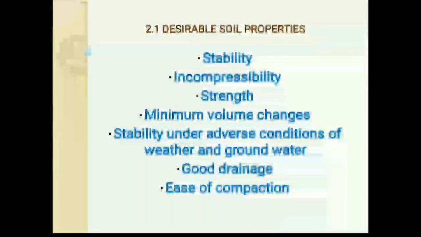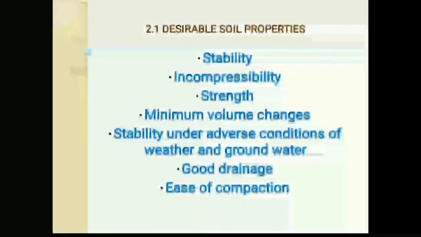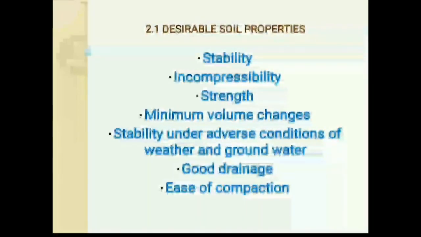Sixth is good drainage. Good drainage is essential to avoid excessive moisture retention and to reduce the potential frost action. Excessive moisture in soil subgrade causes considerable lowering of its stability. The pavement is likely to fail due to subgrade failure. Poor drainage causes waves and corrugations.